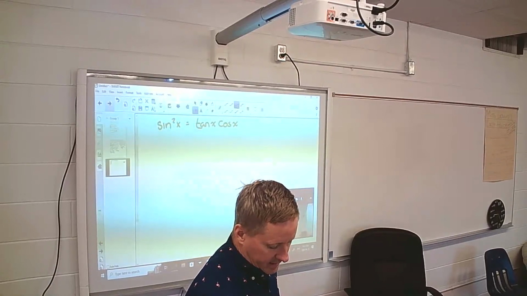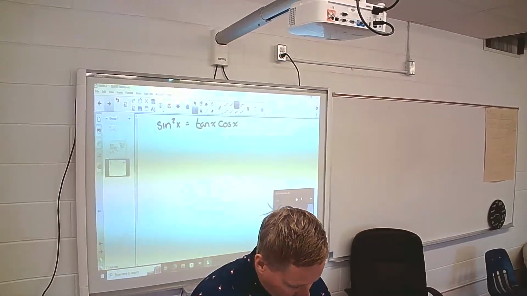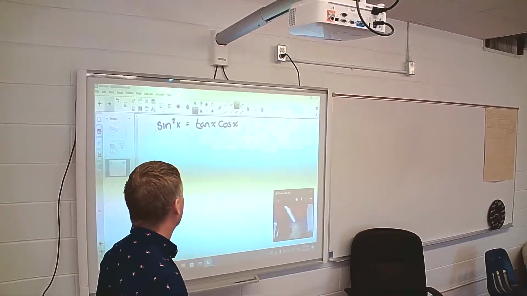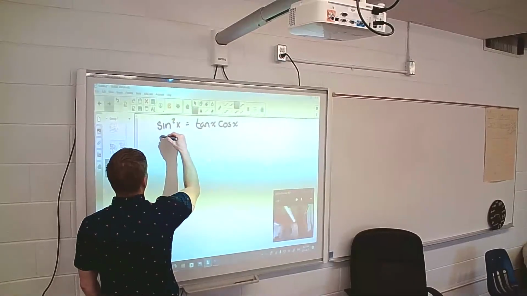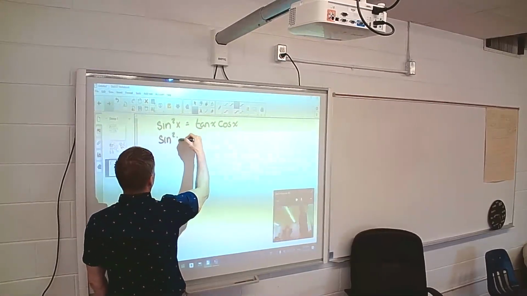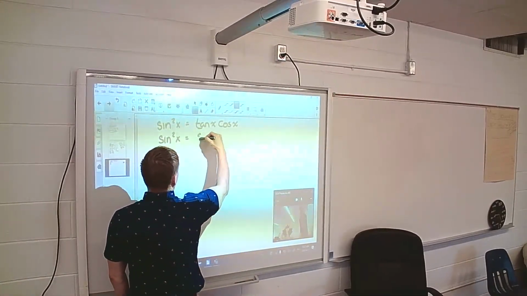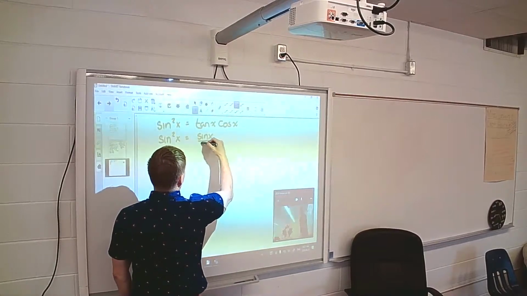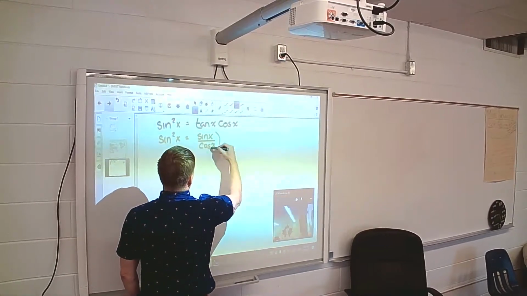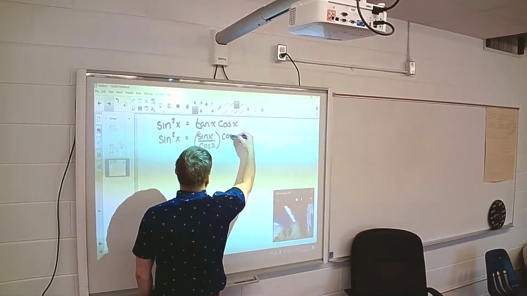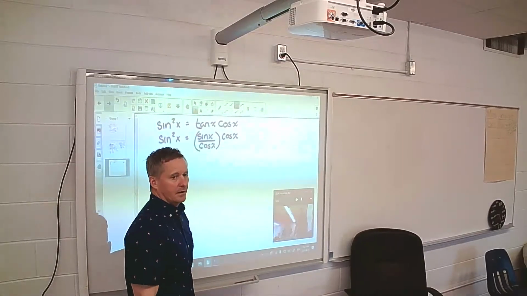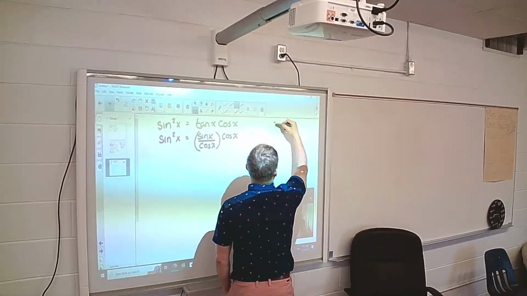This one has non-permissible values. Okay, so I'm going to change this right now to sine squared x equals sine x over cos x times cos x, like this. Okay, what's my non-permissible value?